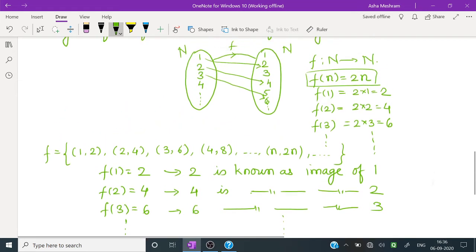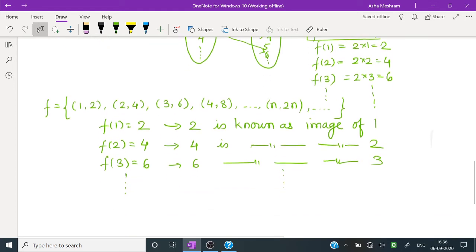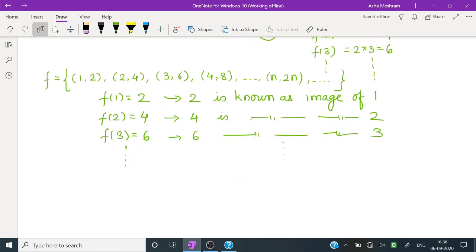So now what are the images from this function? Can we write the set of images? Set of images we can write as 2, 4, 6, 8, and so on.